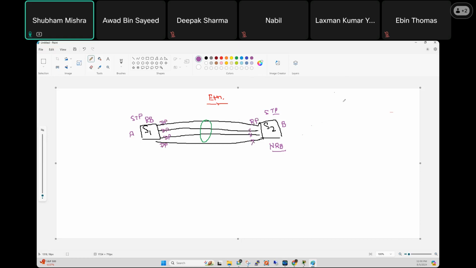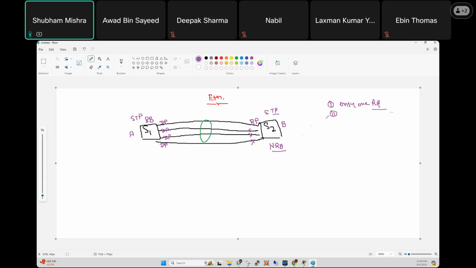Because I already told you two rules. The first rule is that on one switch, there will be only one root port. Yes or no? Yes. So one root port is already elected, right? A second root port is not possible on switch number 2.